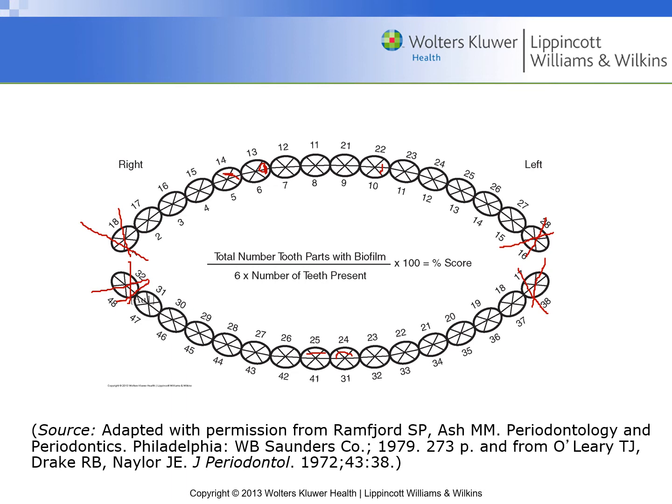So we're going to take the total number of tooth parts with biofilm, which will be 2, 4, 6, 7, 8, 9, 10, 11, 12. We're going to have 12 spots with biofilm.